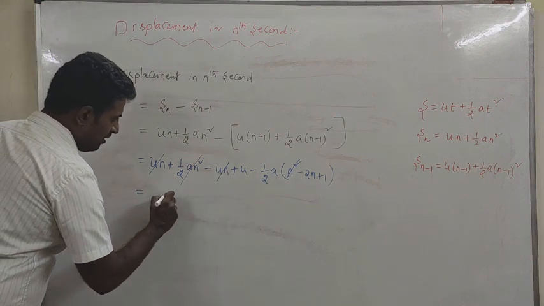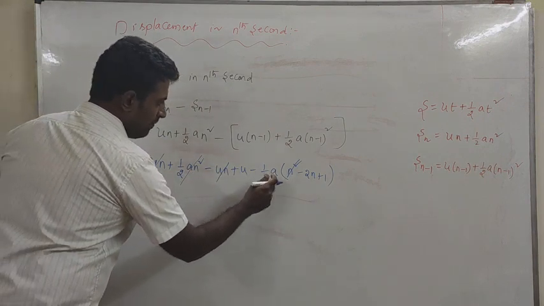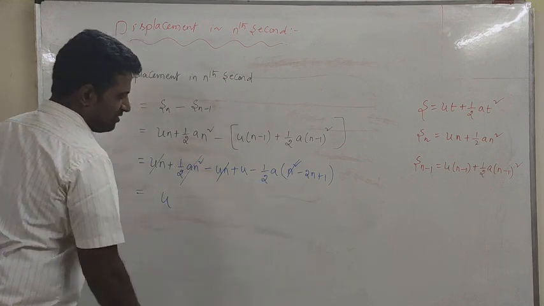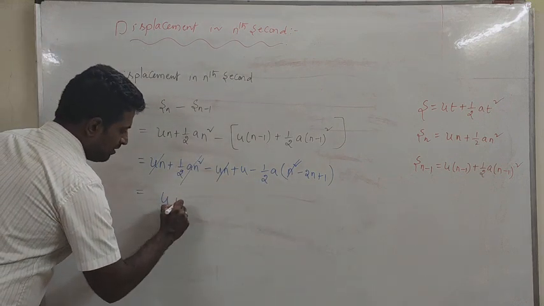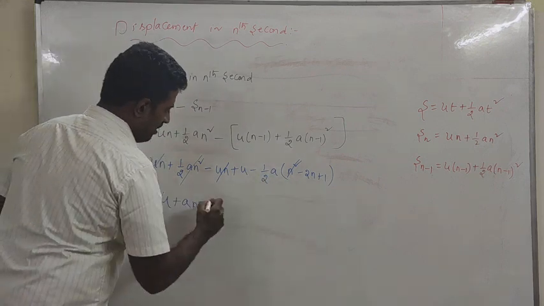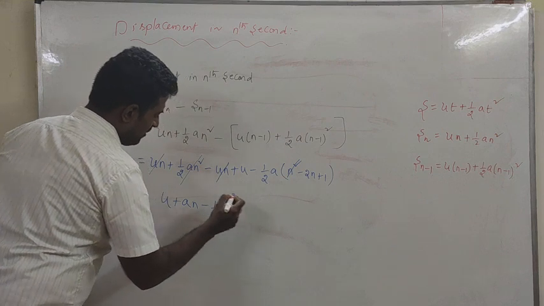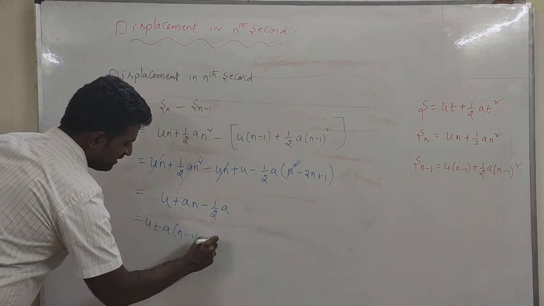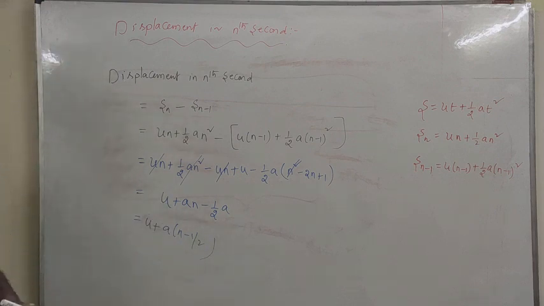Who will remain? u minus a by 2 into 2n minus 2 gets cancelled, so it will be an minus half a, which is equal to u plus a into n minus half. Hence, displacement in nth second will be equal to u plus a into n minus half.